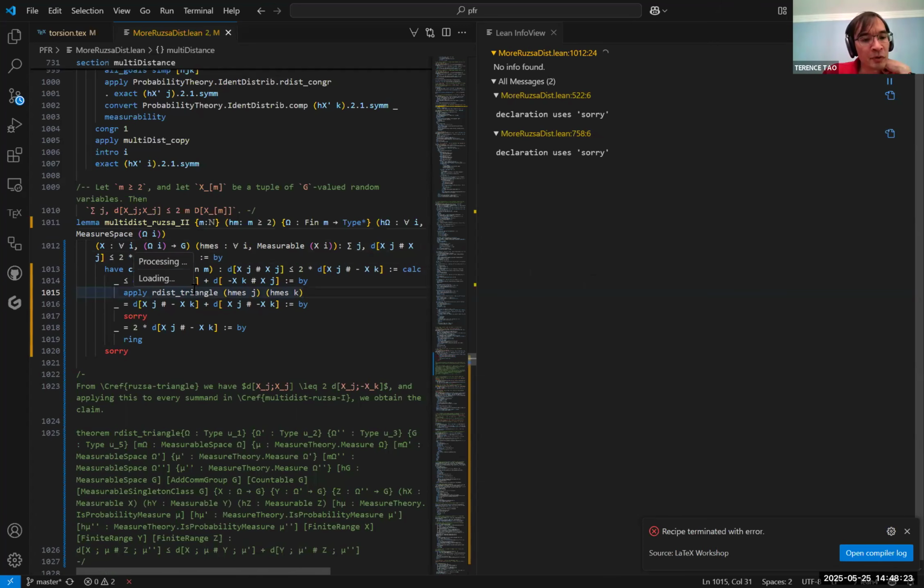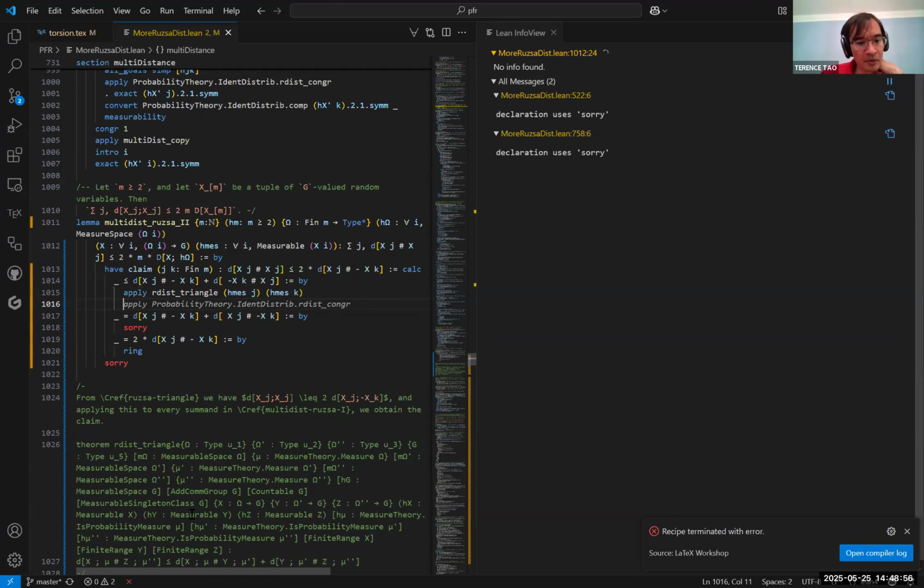What I forgot before is that some of the arguments of this method did not need to be specified. If you look at the statement of the theorem down here, you'll notice that some of the arguments are in parentheses, which means they are explicit, and some are in curly braces, which is Lean's way of saying that you don't need to specify these arguments. It will try to infer those arguments from context, from all the other information.